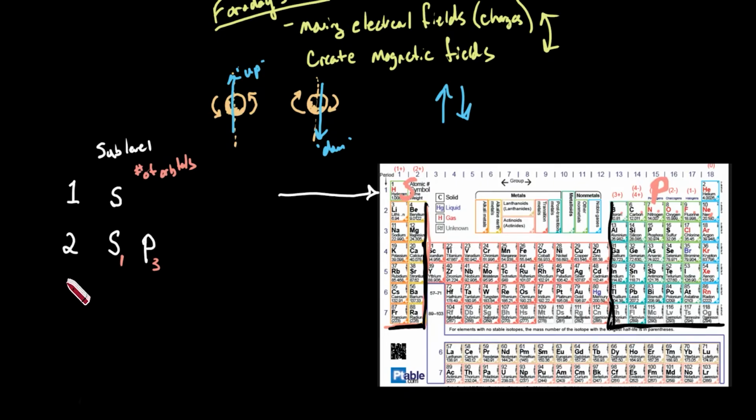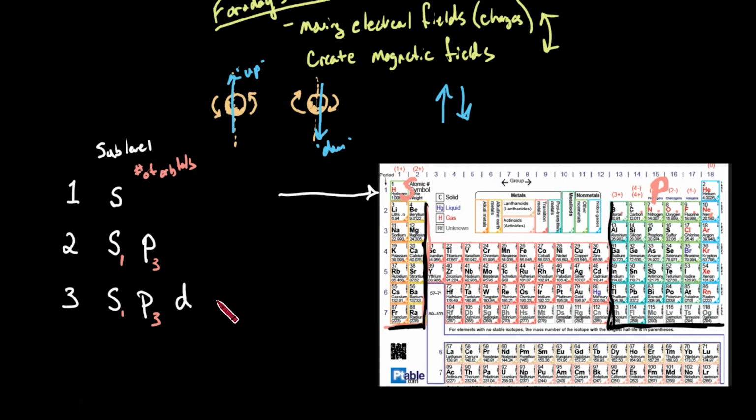Okay. Now, third energy level. Third energy level has 3 sublevels. It is S, P, and D. There's 1 S orbital in the third energy level. There are 3 P orbitals in the third energy level.